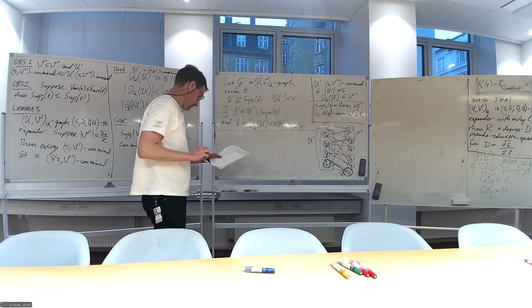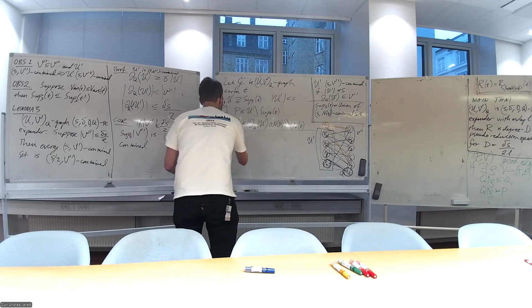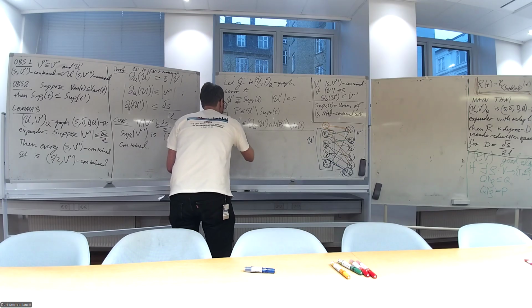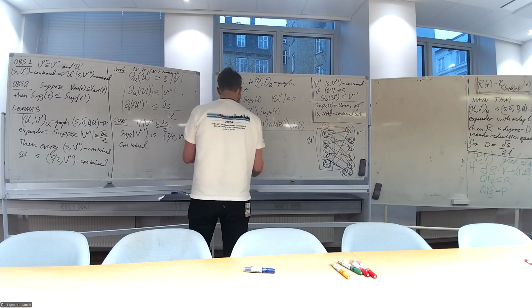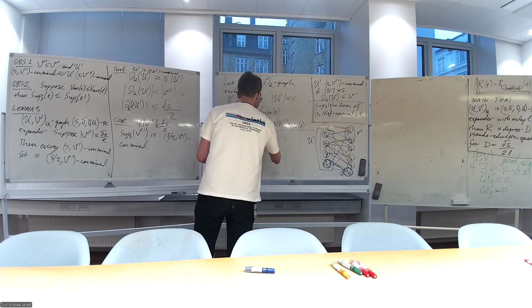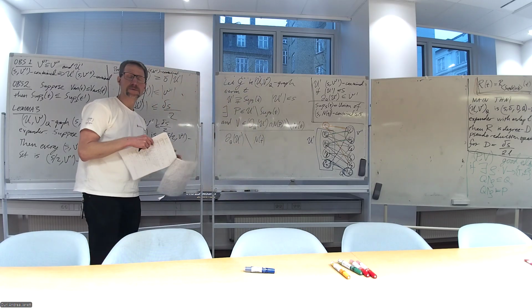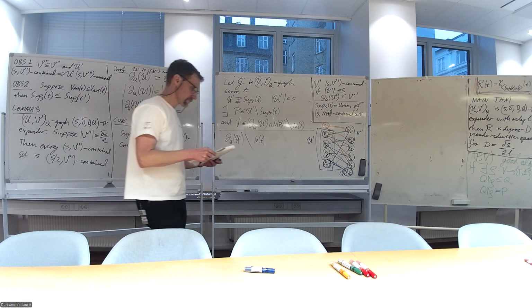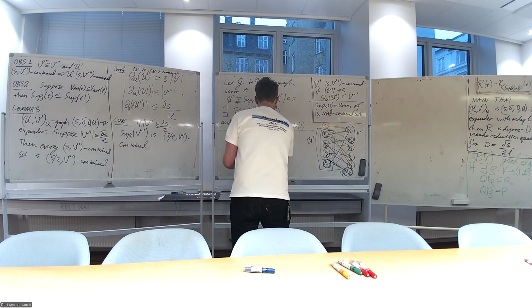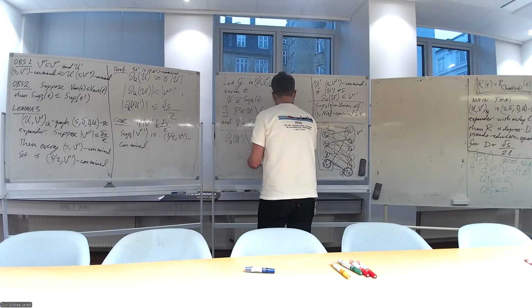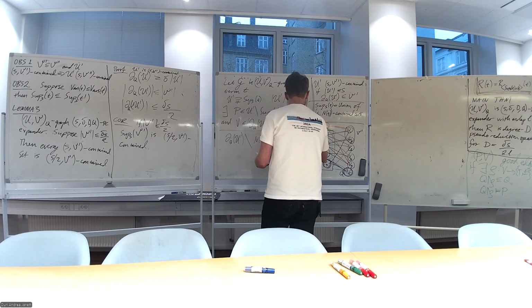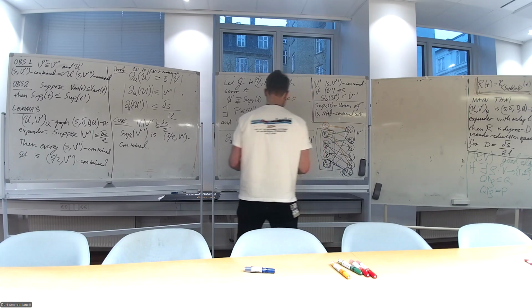So we know that the boundary of U prime minus the neighborhood of T has to be non-empty. Okay, so fix a V inside this set and fix P to be the unique neighbor of V inside U prime.